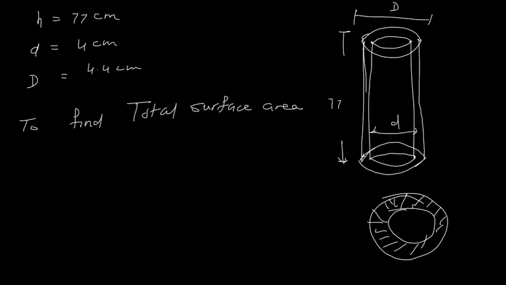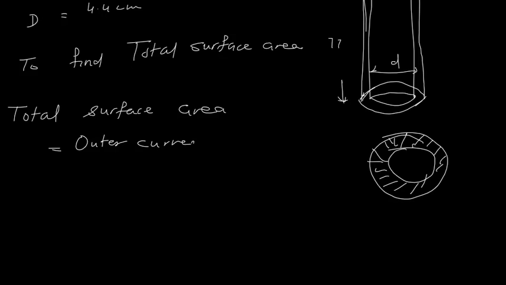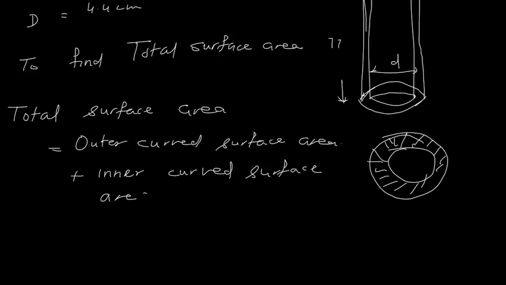So the formula for total surface area is equal to outer curved surface area plus inner curved surface area plus 2 times outer cross section area minus inner cross section area.